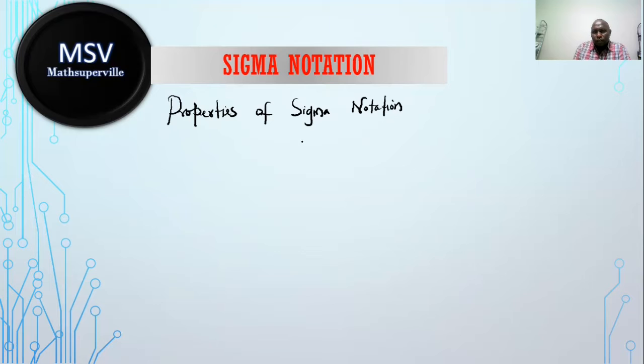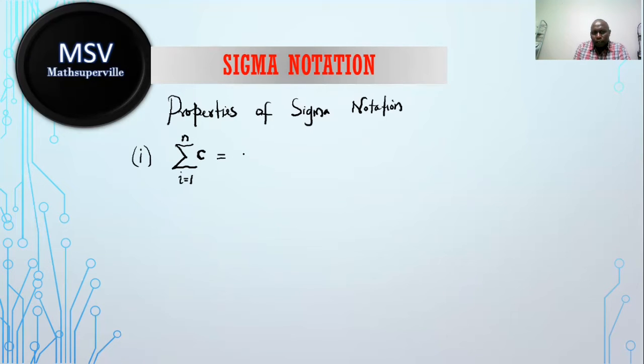These are the rules of sigma notation. So the first rule is the sum of a constant, with the lower index being 1 and upper index being n.